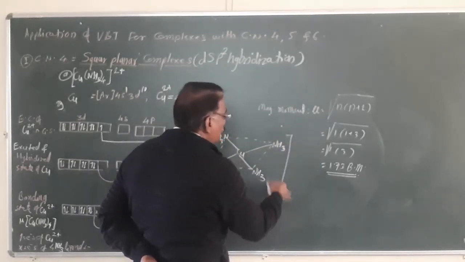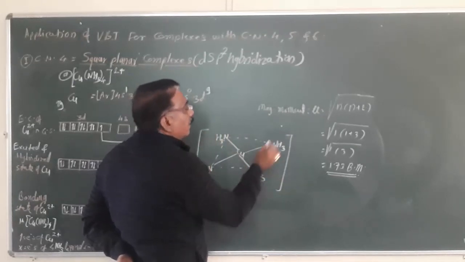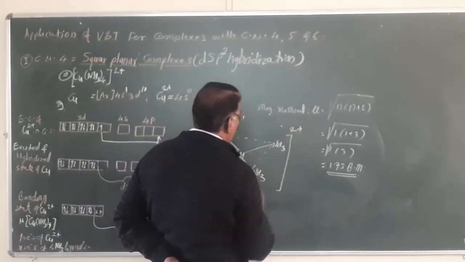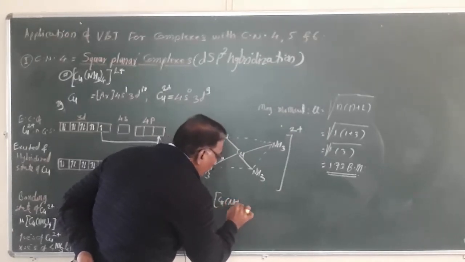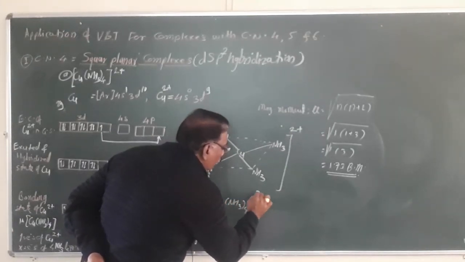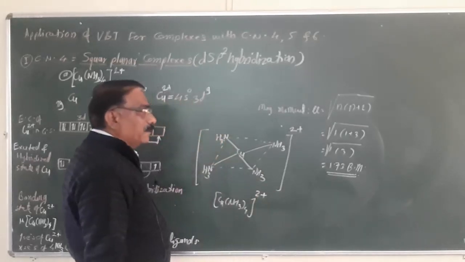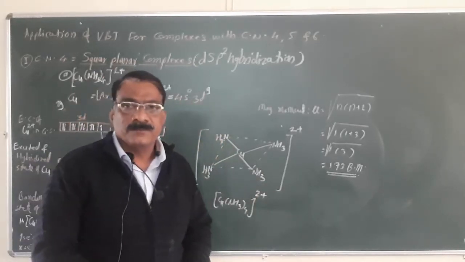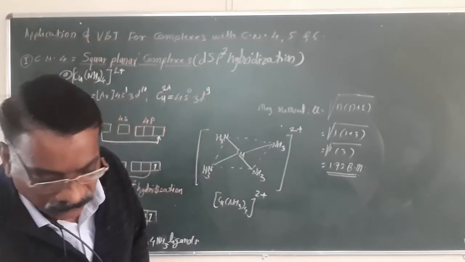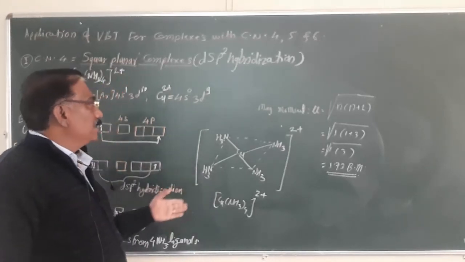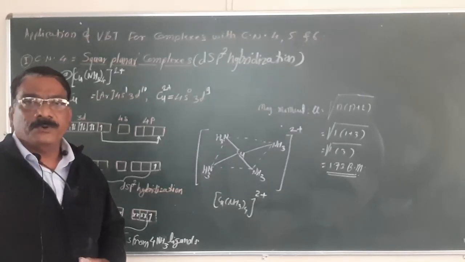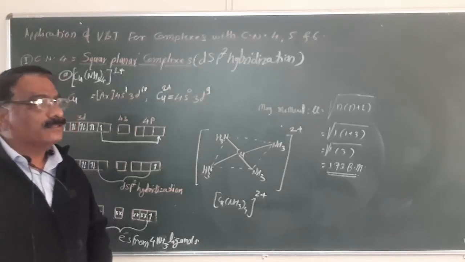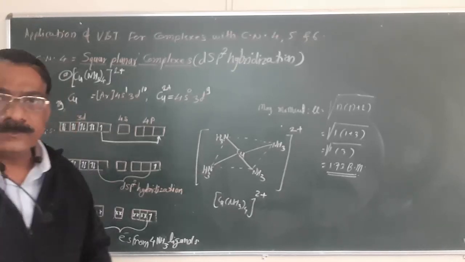This complex has a 2 plus charge, so it is the Cu(NH3)4 2 plus complex. Thus we have the valence bond presentation of this copper complex Cu(NH3)4 2 plus, which is the square planar complex.